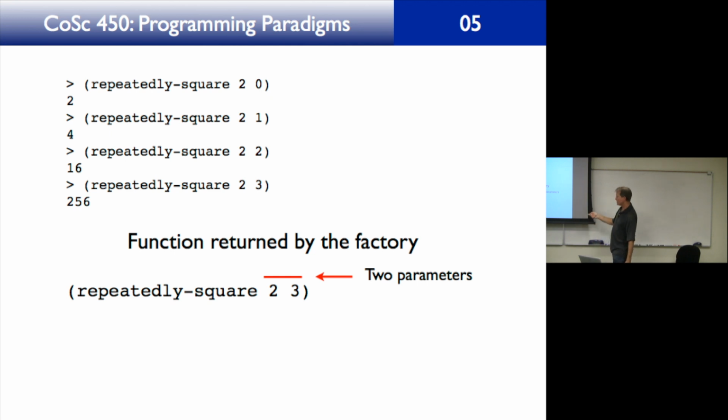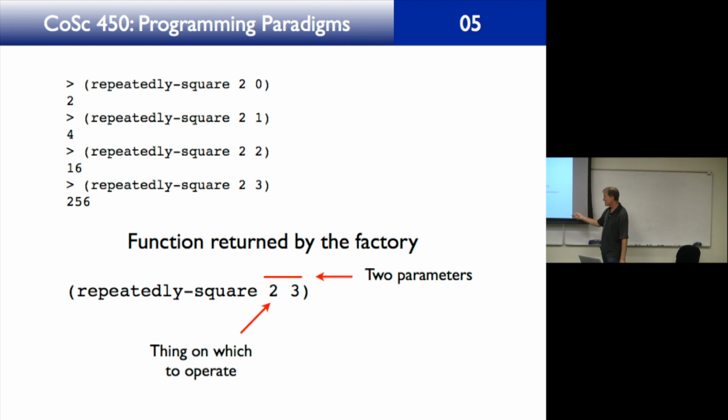Okay, so check this out. Two parameters in the function returned by the factory. Are we good? And furthermore, what are they? What are those two parameters? The first one represents what? What is the 2? Yes. That is correct in this example, but we're going to be a little bit more general though.